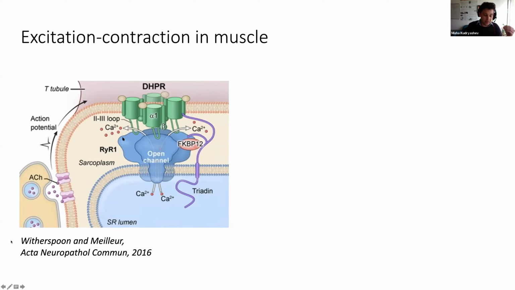This calcium activates the calcium-regulated calcium channel ryanodine receptor, together with a physical interaction with the voltage-gated calcium channel. And together, this causes even more calcium release from the SR, which then leads to the actin-myosin fiber contraction.